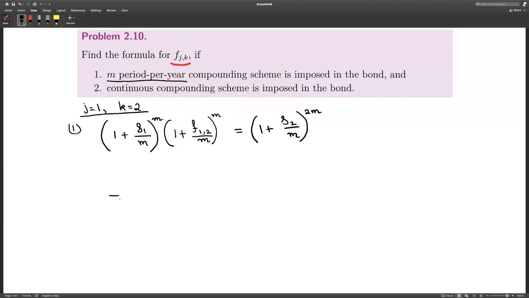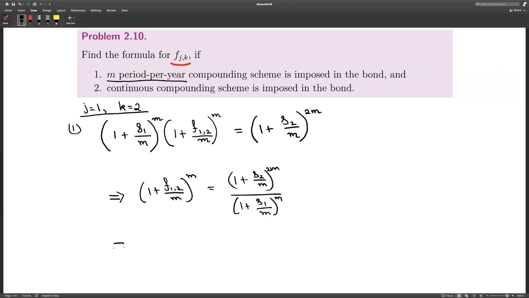Now, this can be written as 1 plus F12 by m, the whole power m, is equal to 1 plus S2 by m, the whole power 2m, divided by 1 plus S1 by m to the power of m.